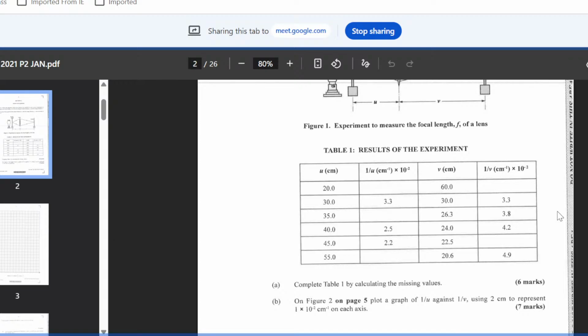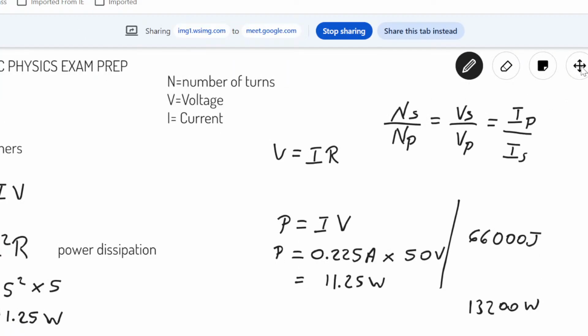All right, so we could potentially do the, just tell me the values. We'd have to insert them. So we have u here, and we have v. In terms of lenses, in terms of lens, the lens formula.